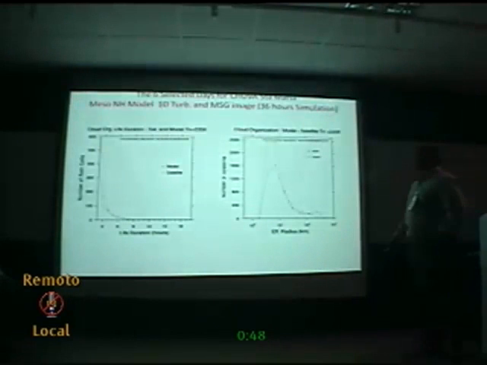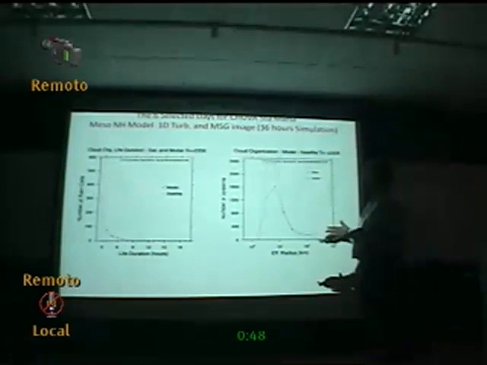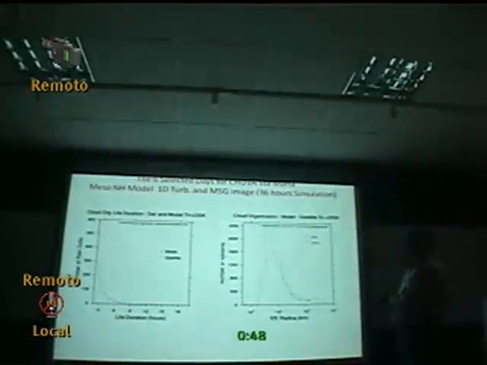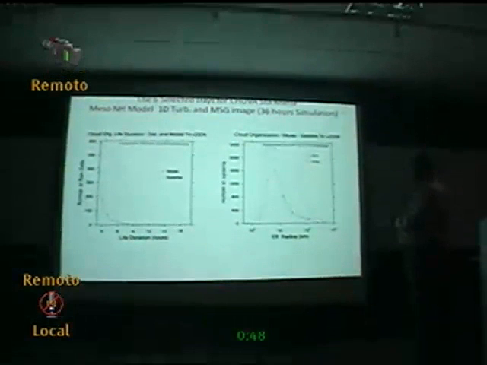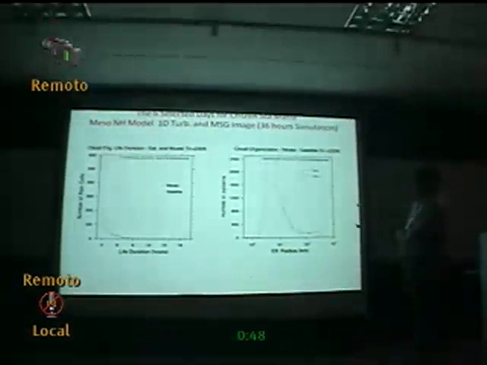And here is the cloud organization structure from the model and from the satellite. Here is the life cycle duration, and here is the size of the rain cells. You can see in the satellite this distribution, big ones here and a lot of small ones, but the model makes many more small cells than reality.